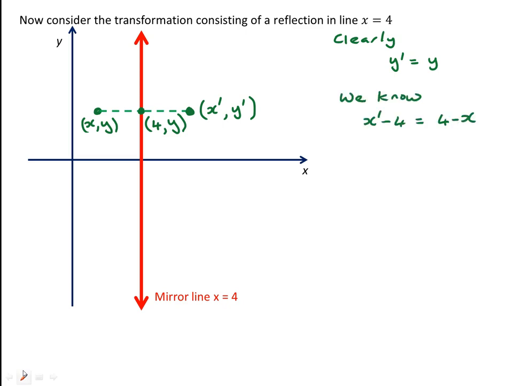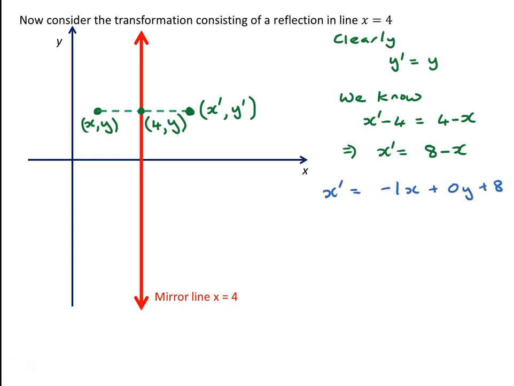Now we know that x dash minus 4 is the distance of the image away from the mirror line, and that's going to be exactly the same as the distance of the mirror line away from the point xy, and that distance is 4 minus x. In other words, we've got x dash is 8 minus x.